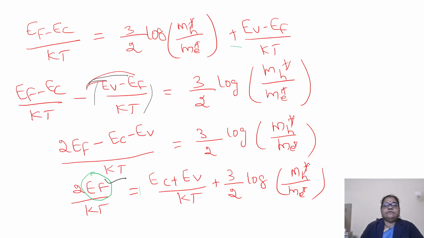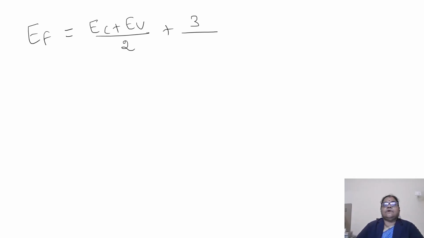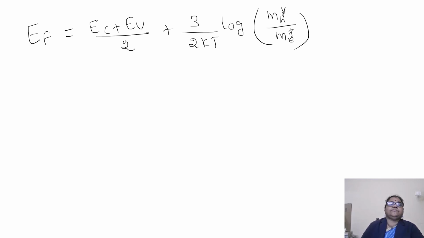So I can rewrite this: EF is equal to EC plus EV by 2 plus 3 by 4 KT log of MH star by ME star.